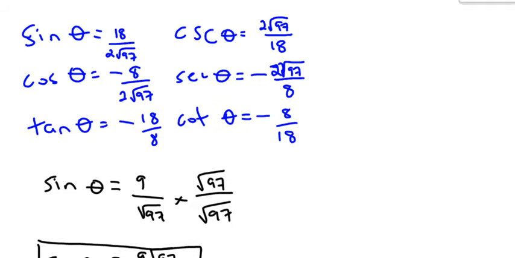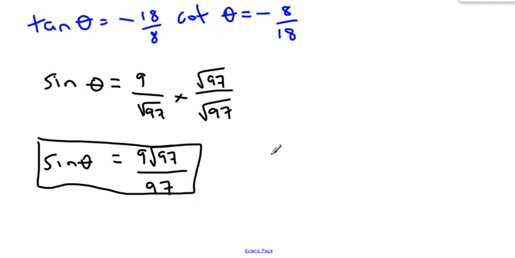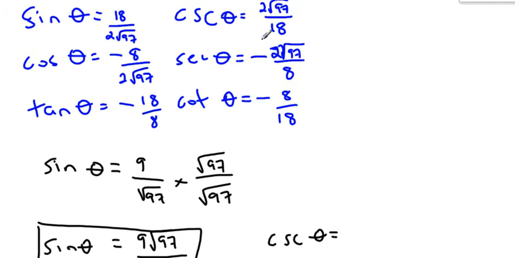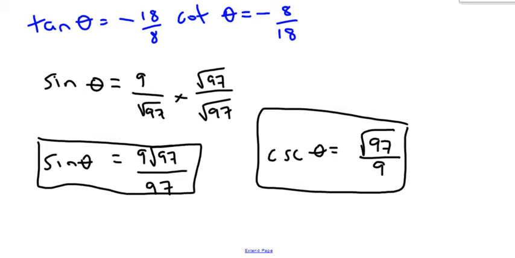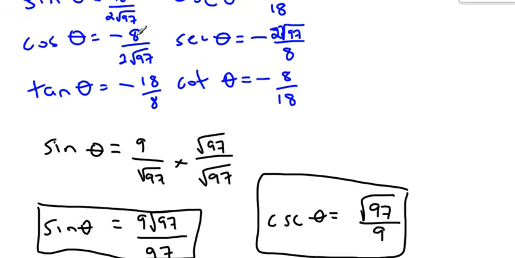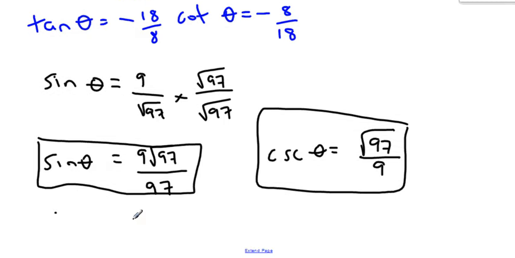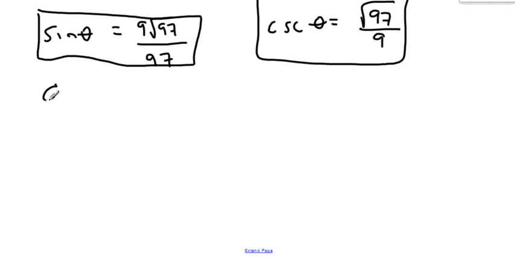So do we have any problems with cosecant? A little bit. Cosecant, so if we go back to my raw value, root 97 is in the numerator, that's good, but 2 over 18 can be reduced. So it's just root 97 over 9, and that's a nice looking value. So let's look at cosine. So again, in cosine, just like in sine, we have some reducing to do, 8 over 2, and we have a denominator that requires rationalization.